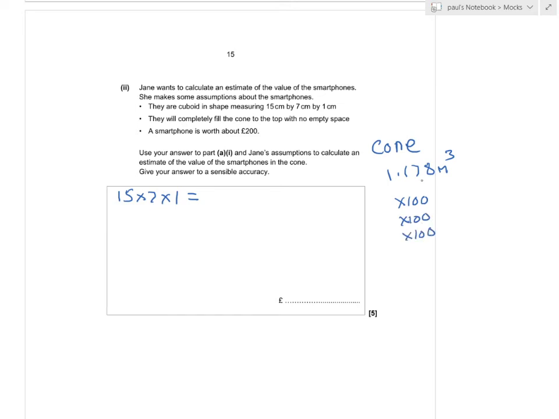I've got to do it 3 times because it's cubic, yeah? So 1.178 times 100 times 100 times 100 equals 1,178,000 centimeters cubed. It's going to be millions, isn't it? Yeah. So this is 15 times 7 times 1, which is 105.